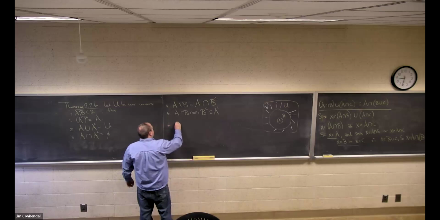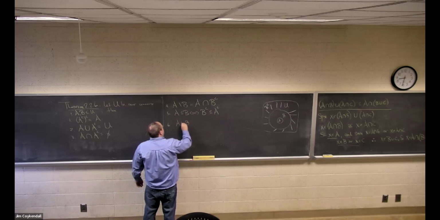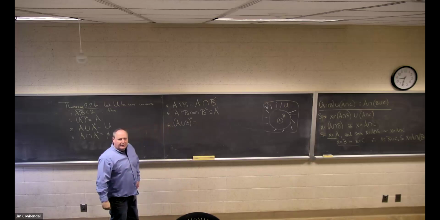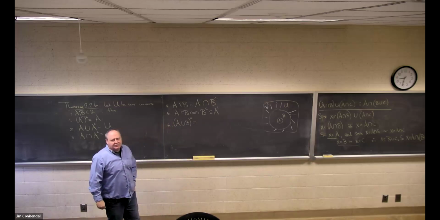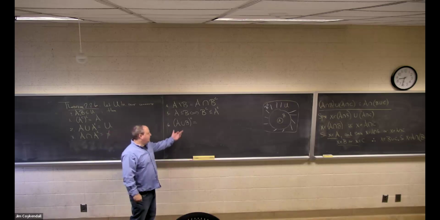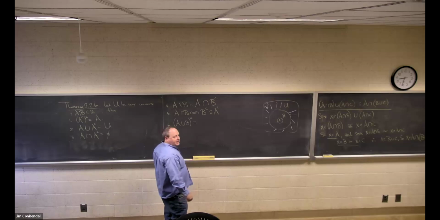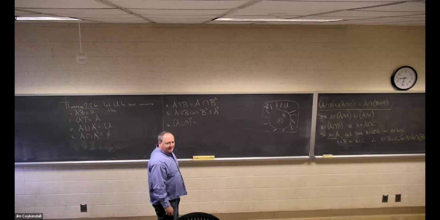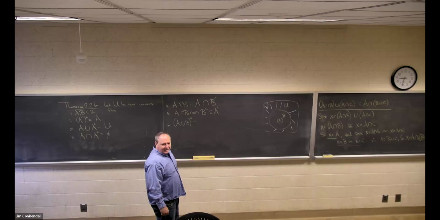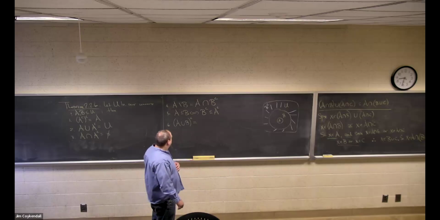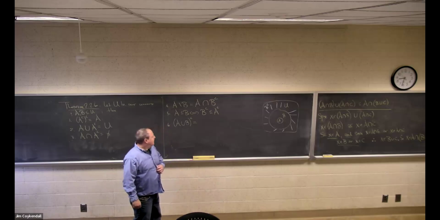Six. A union B, complement. Anybody want to guess at this? This is actually very famous in set theory. It's got lots of applications. Want to take a stab at that? Is it the A complement or B complement?